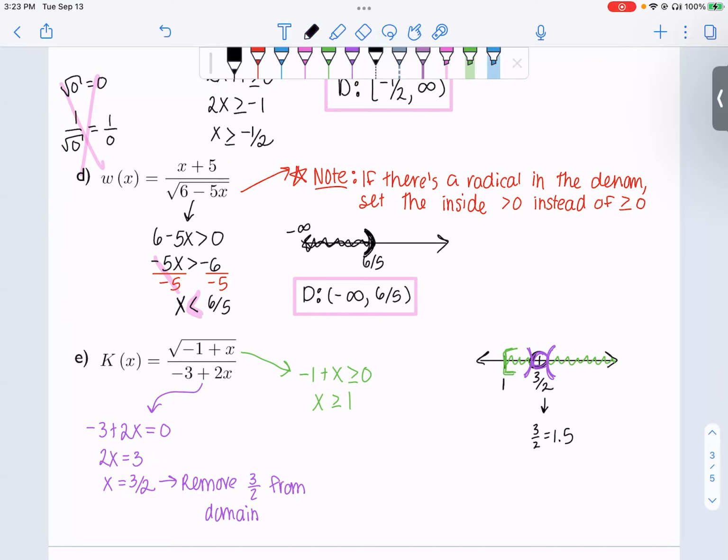So the way that our interval notation would work for this, we would go from 1 to 3/2, excluding 3/2, union 3/2 to infinity. And that would be our domain.